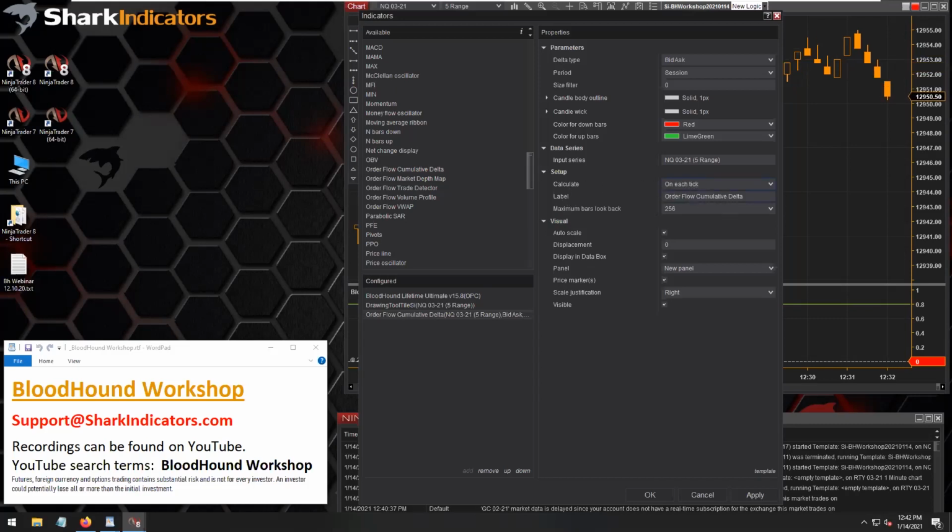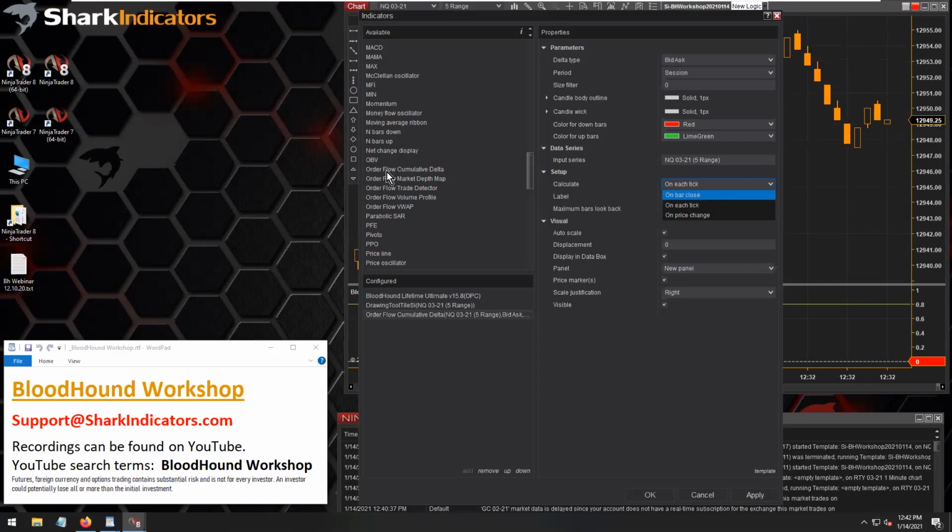Some order flow indicators can function on bar close, but those are very rare and very limited in the type of order flow analysis they can do. I mean, really the point of order flow analysis is to analyze real-time volume coming in, right?